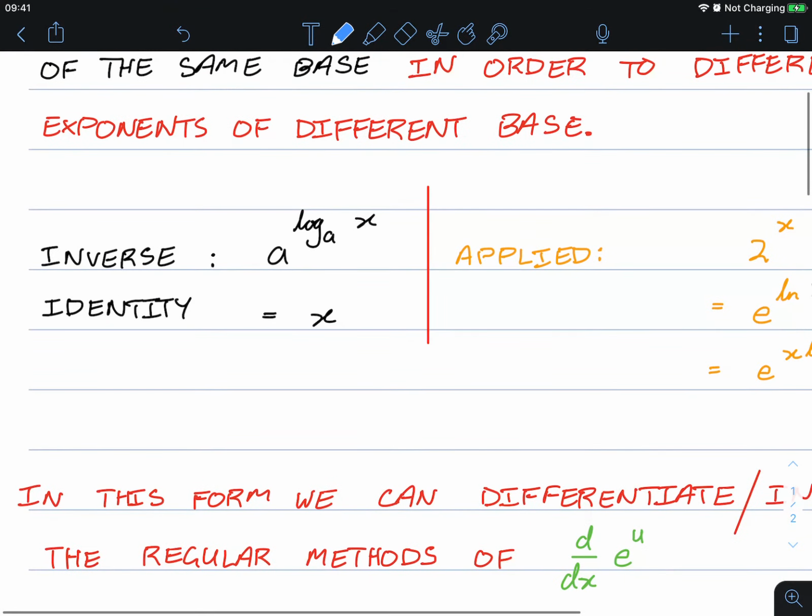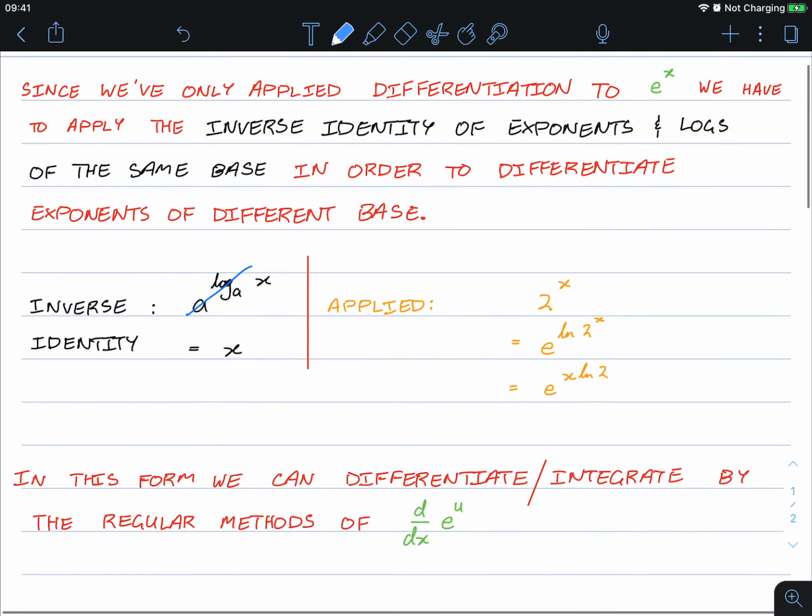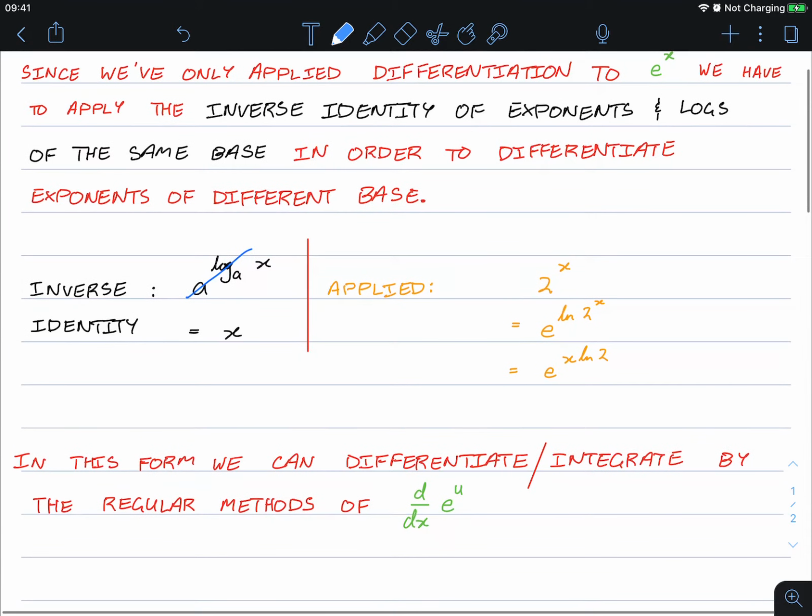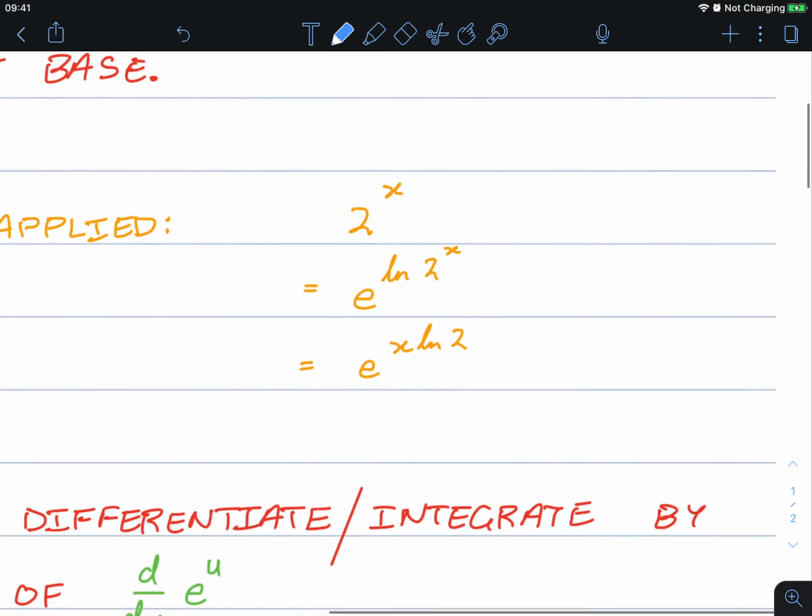If we have some exponent a and log base a, if we have the power of a base as the log of the same base, these two are inverse and they cancel one another, leaving us only with x.